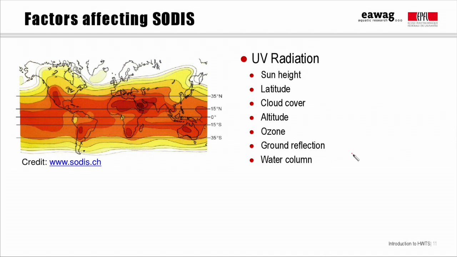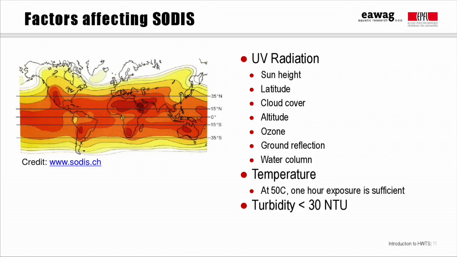And then finally, the depth of water in a water bottle is important because UV radiation is attenuated by water. So if the bottle were too large and the water column were too thick, then UV wouldn't penetrate to the center of the bottle. Also, characteristics of the water are important.